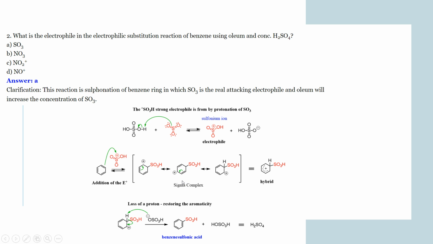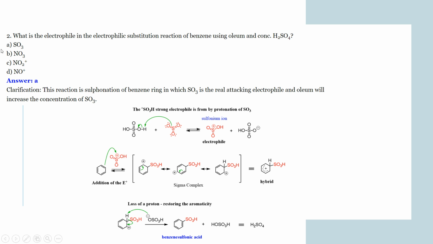Then in the subsequent step, the sigma complex will undergo deprotonation by the anion present in the environment, and this anion will take up a proton, leading to the formation of the sulfonated product. So thus we can expect the sulfonation of benzene where SO3 is acting as the electrophile.